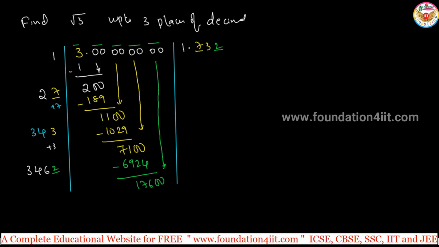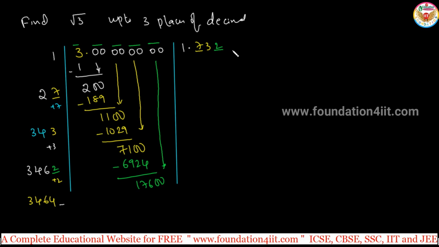So if you double this number, plus 2, what will come? 3464. So almost you got 3464. But in the next place, if you observe, you see zeros only.